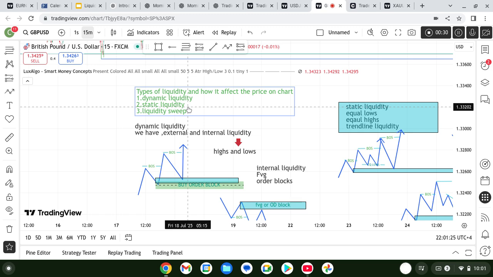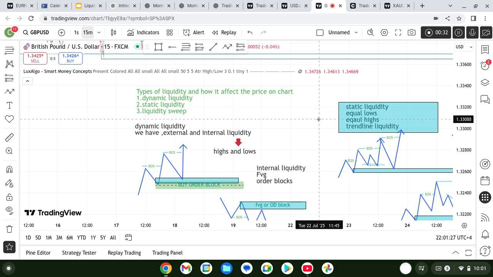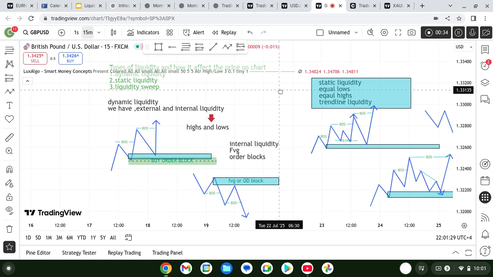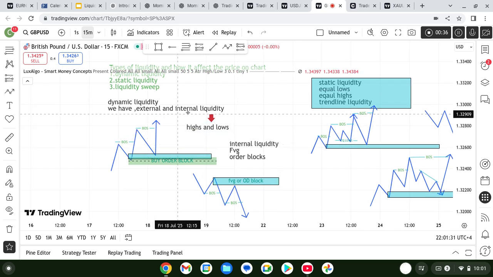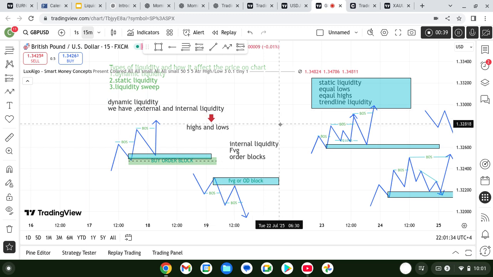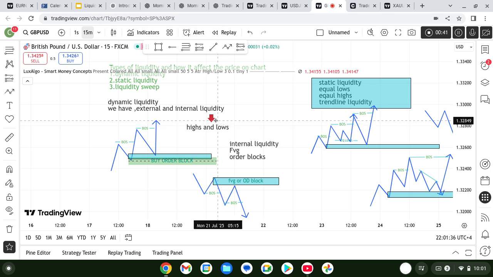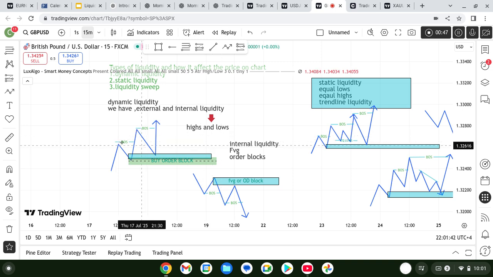Under dynamic liquidity, we have external and internal liquidity. Under external liquidity, we have highs and lows.